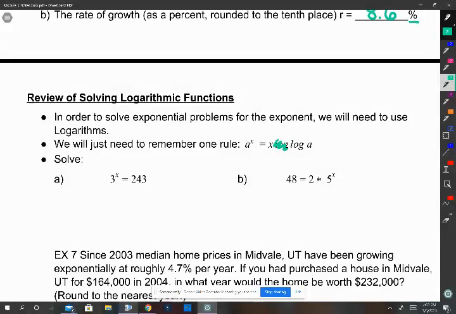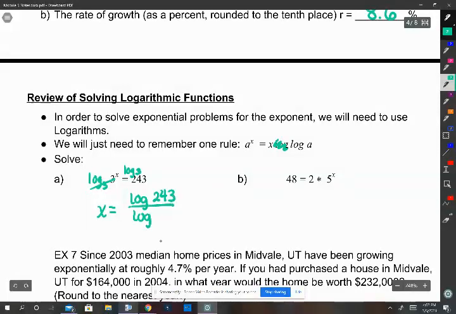So as we look at this to solve, remember the idea is we're trying to get rid of the base 3. So what we do is we do log base 3 on both sides. And then there's a base formula that you guys used, where you took the log of the big number divided by the log of that little base number. And so we just plug that into our calculator.